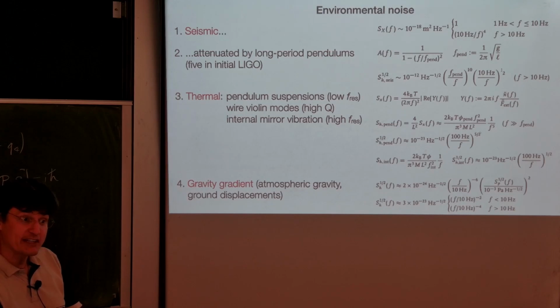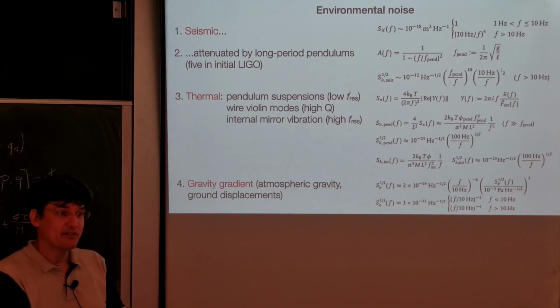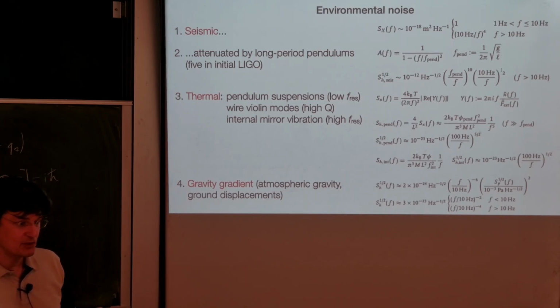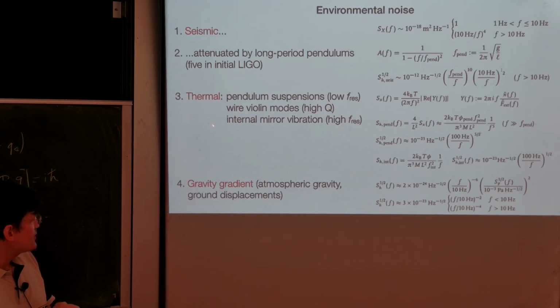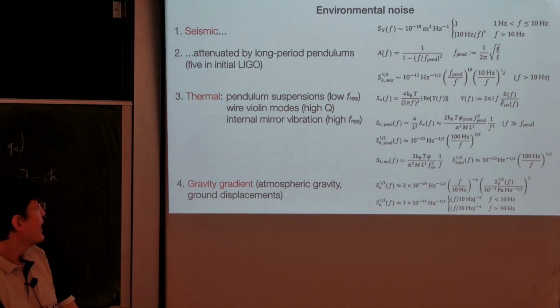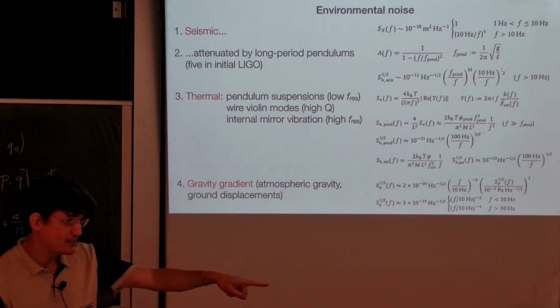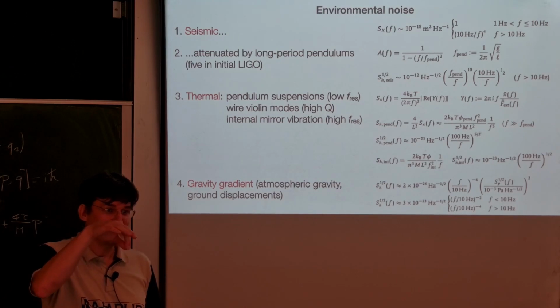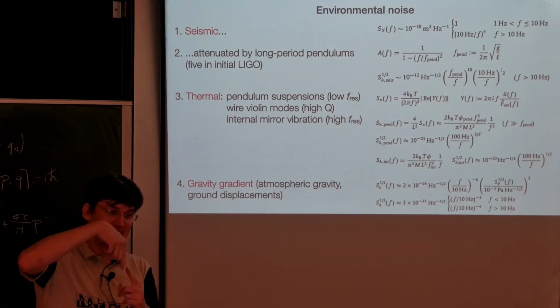Thermal noise, everything shakes. In practice, some things matter more than the rest because you're coupled very selectively. So it turns out that mirror vibrations are a big one, and I guess that's this one here. So that's just the fundamental mode, let's say, of the mirror. That's the one that couples the most to reflecting back the mirror. Violin modes are the fact that it's what was happening there. So even when you have a pendulum, it's not a stick that goes like that.